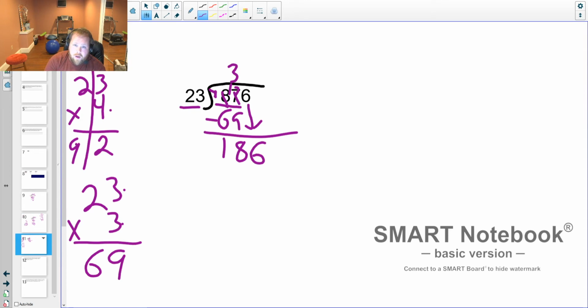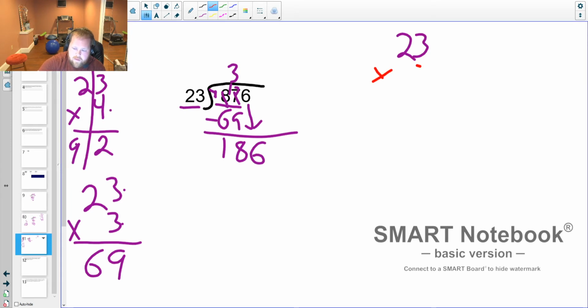Now again, I know that 20 times 5 is about 100, and 186 is almost 200. So maybe I'm going to choose somewhat a little bit below 10, maybe 23 times 7. Let's change this color up a little bit.